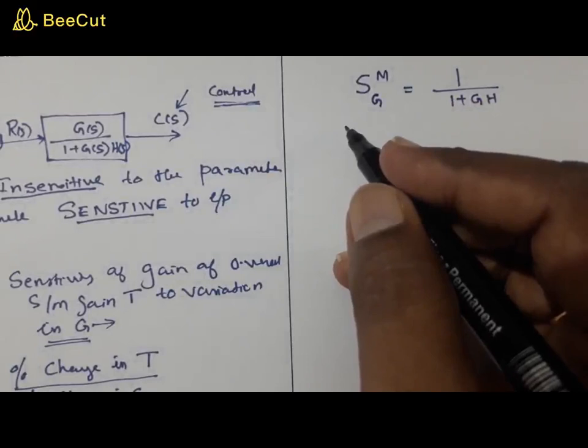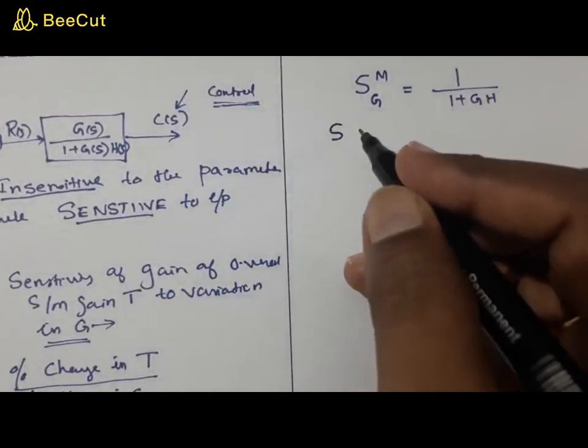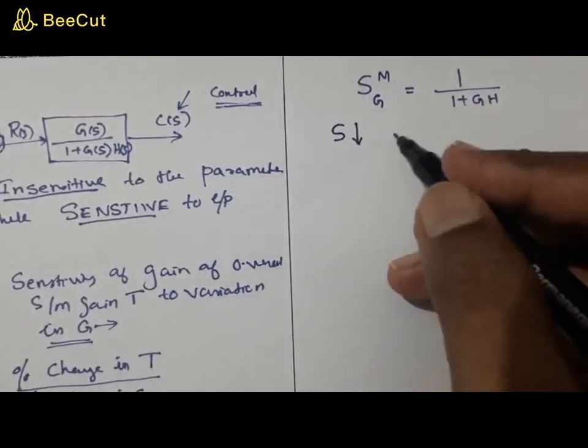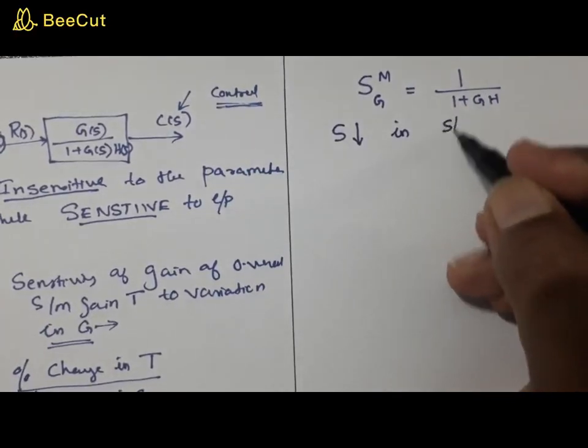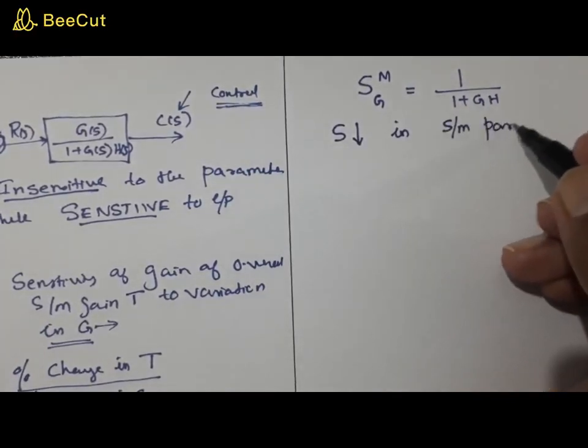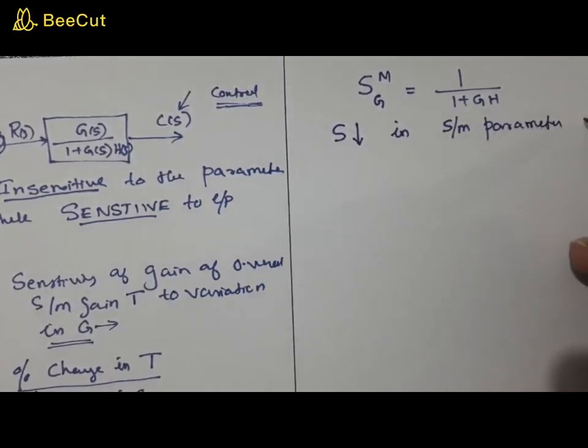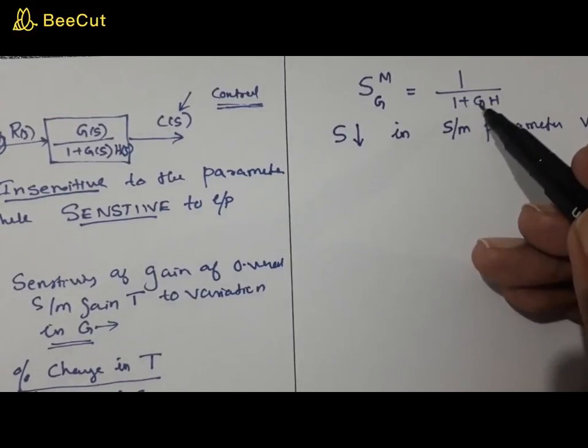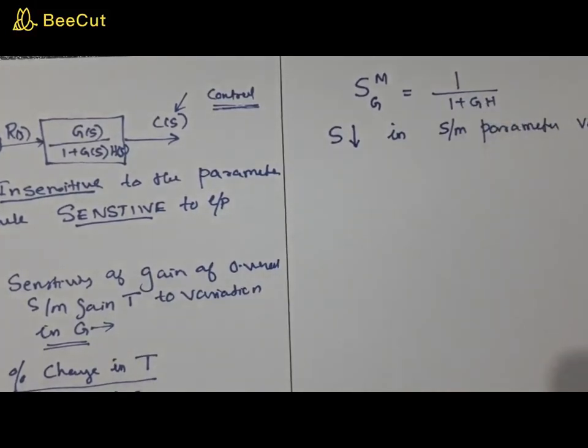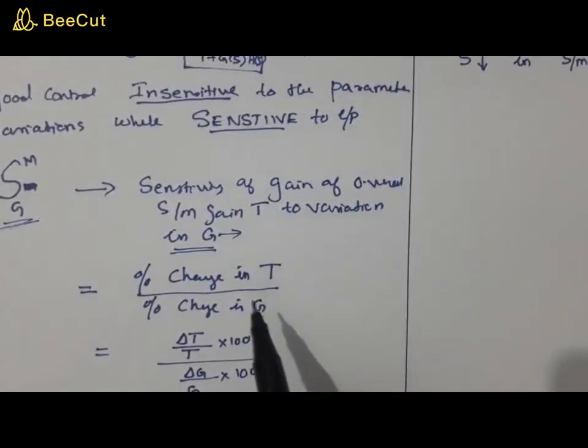Now coming to this equation, what is the requirement of a control system? This sensitivity has to be very much less with respect to system parameter variation, right? Now I told you that when a system parameter varies, that affects G. So if the system parameter varies, then that affects G, and the effect of that G will definitely affect the overall transfer function.